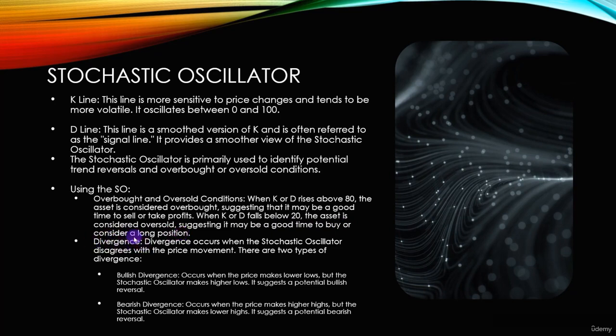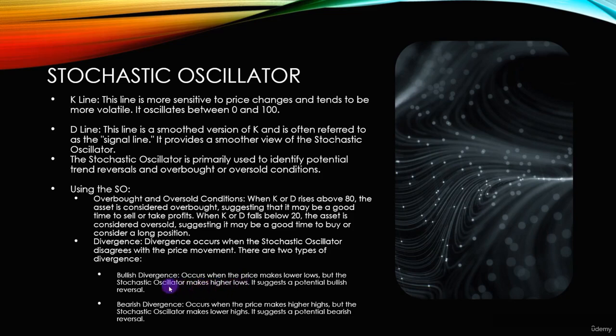About the divergence, this is where it becomes more interesting for this indicator. Divergence occurs when the stochastic oscillator disagrees with the price movement. So there are two types of divergence. The bullish divergence occurs when the price makes lower lows, so the price is going down, but at the same time, the stochastic oscillator makes higher lows.